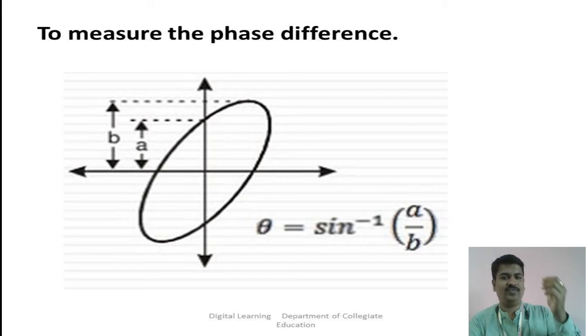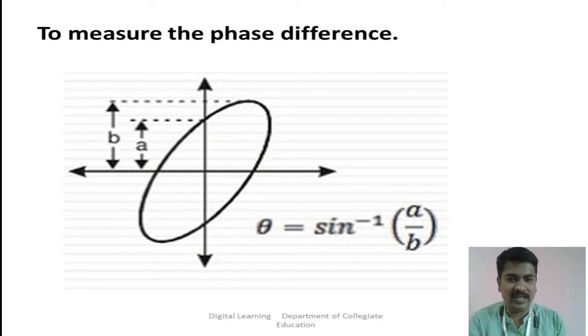The only thing is to find the values of A and B correctly. Get the ellipse at the center, make the measurements along the y-axis, find A and B, and substitute them in the formula for phi, which is the tan inverse of A by B. The phase difference between the two waves can be calculated.